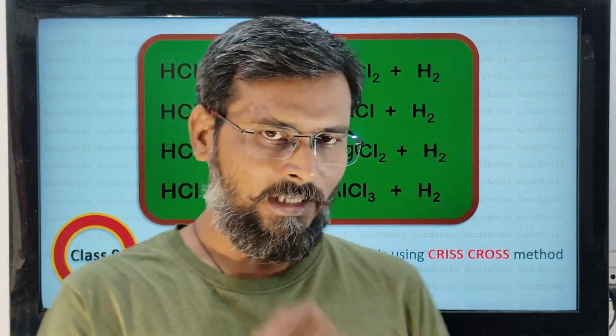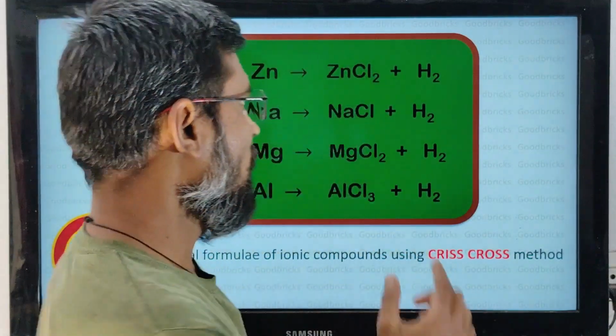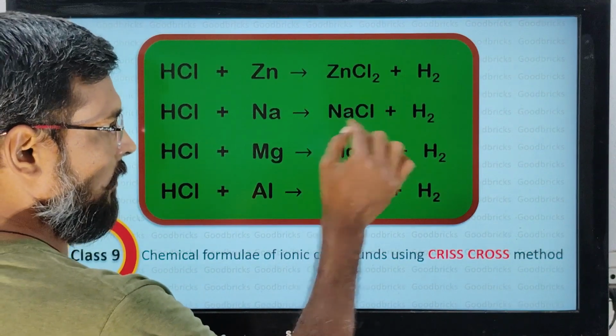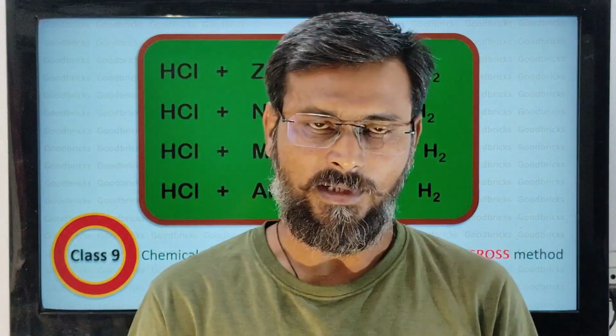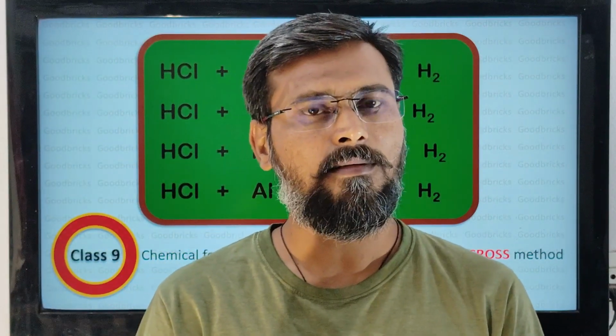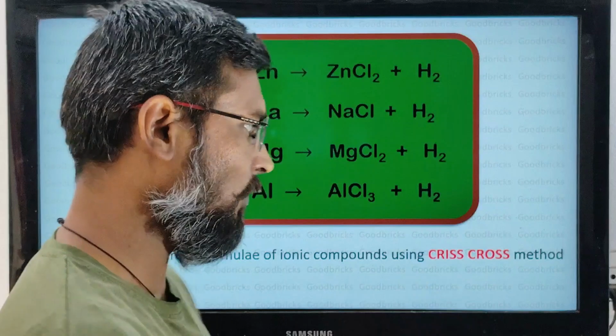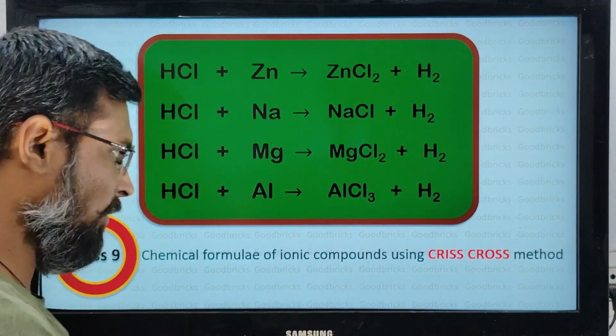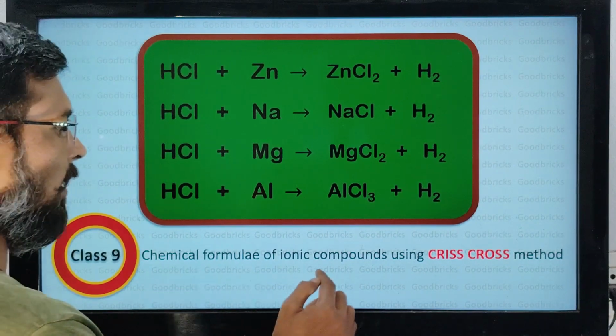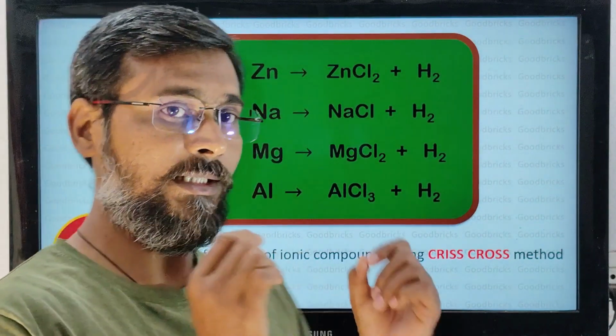Now you might be having a very common doubt. This is zinc chloride, sodium chloride, magnesium chloride, aluminum chloride. All these are chlorides, but the formula is different. No need to worry. You just go and check your class 9th chemistry and physics textbook. There, you have learned the chemical formulas of ionic compounds using the criss-cross method.